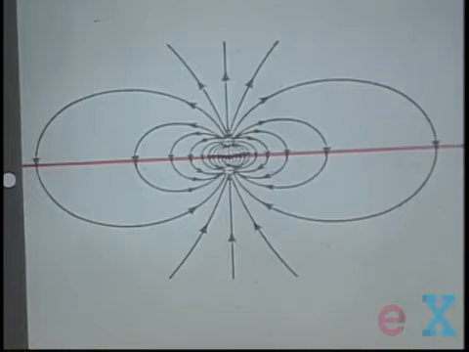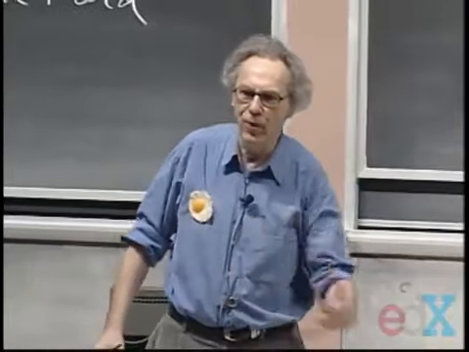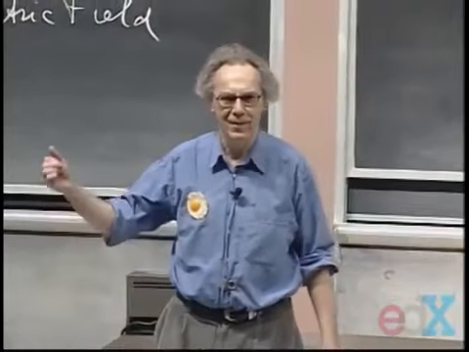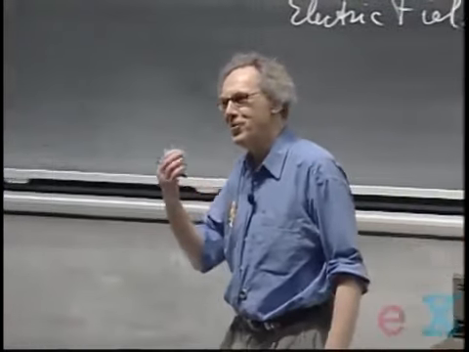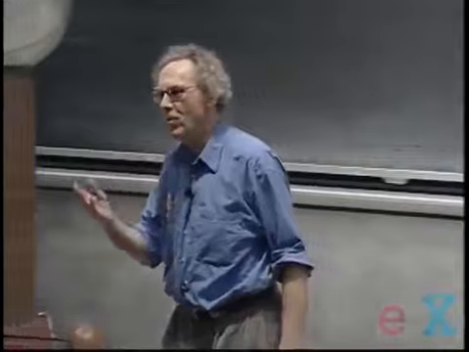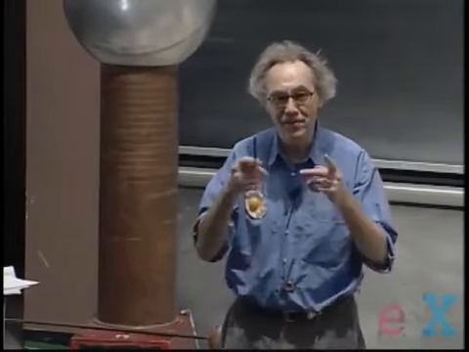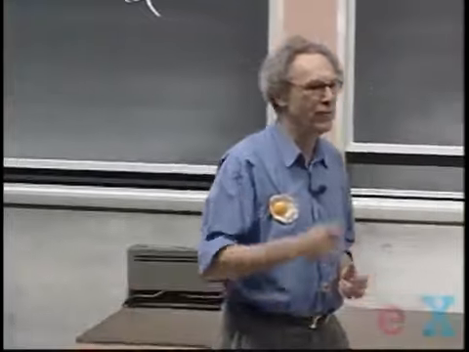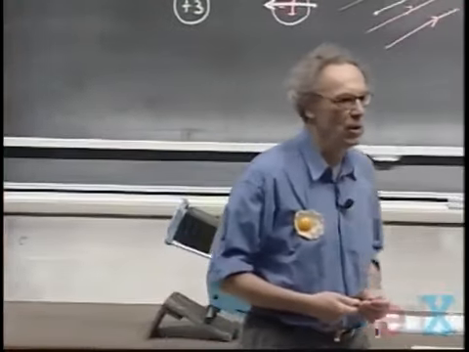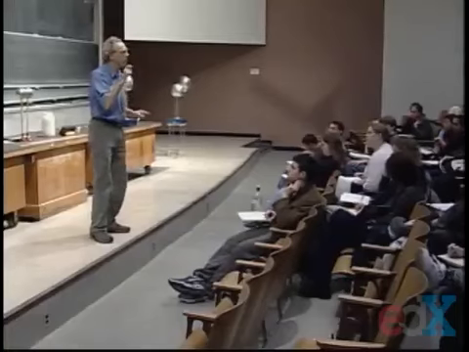In the case of the +3 and the -1, if you're very far away, it's like having a +2 charge, and the E field, when you go further and further out, will fall off as 1/r². With a dipole, your intuition sort of tells you that it will probably fall off faster than 1/r². And that is part of a homework assignment that you have this week. In fact, I can already give you the answer. You have to prove it. If you're far away from an electric dipole, the electric field falls off as 1/r³.